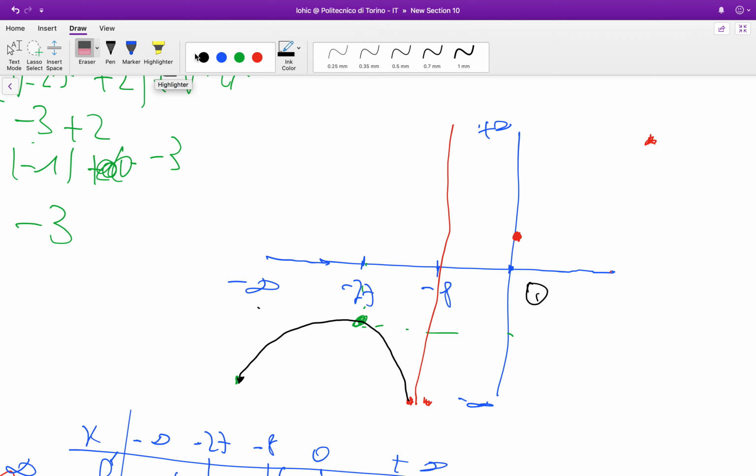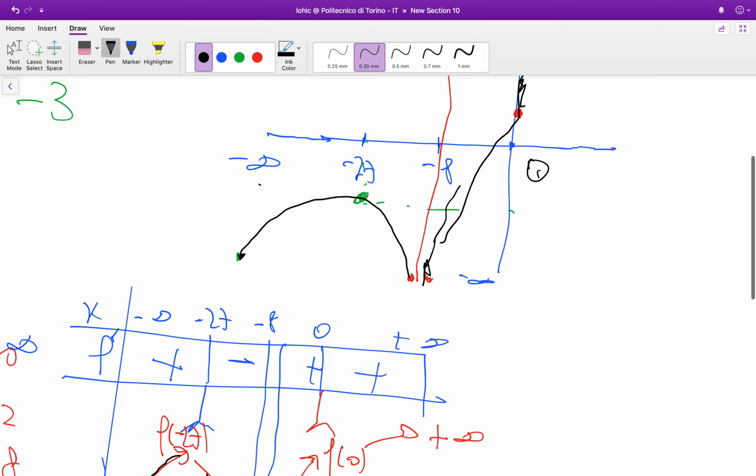The function was supposed to have a vertical tangent, so the function is probably something like this. The function should have a vertical tangent at x equal to 0. But if you did it like we did before, it's not a big mistake, because we want a qualitative graph.